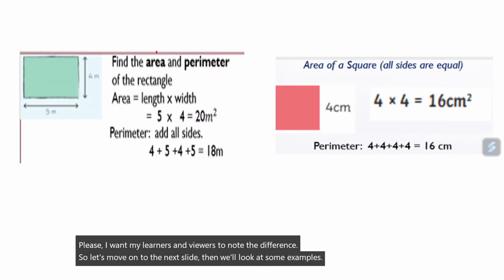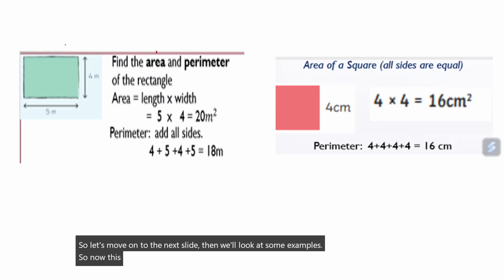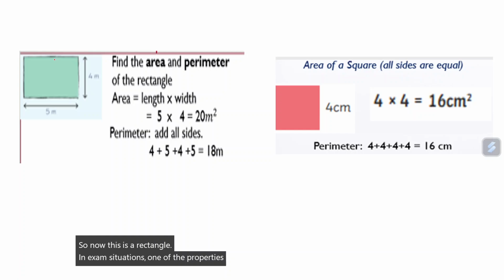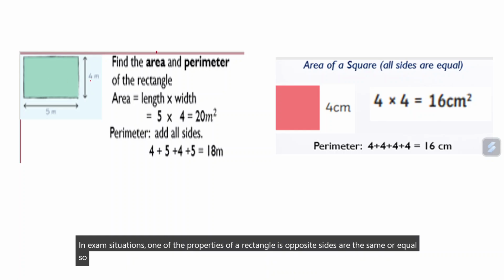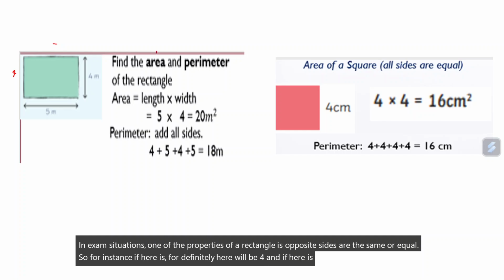So now, this is a rectangle. In exam situations, one of the properties of a rectangle is that opposite sides are the same or equal. So for instance, if here is 4, definitely here will be 4. And if here is 5, definitely this other side will be 5.